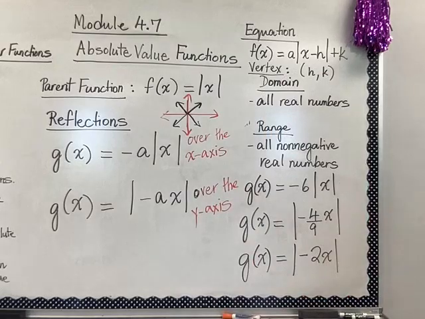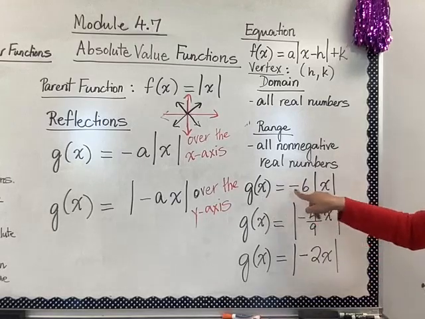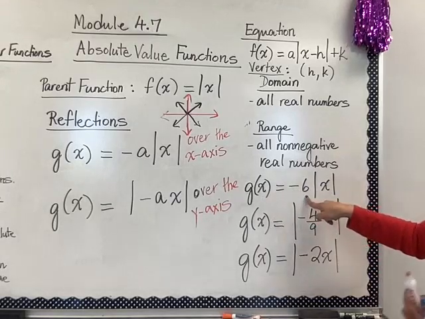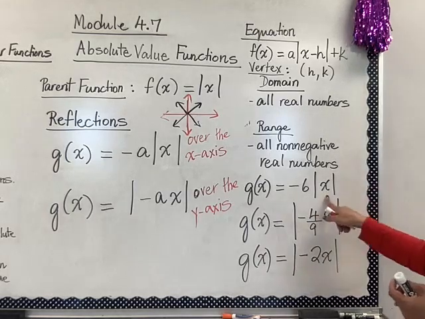Now let's look at some examples really quick to see what kind of reflection it is, and then we can go on to some problems. Let's look at this one. g of x is equal to negative 6x. I know that my x is going to be the same.